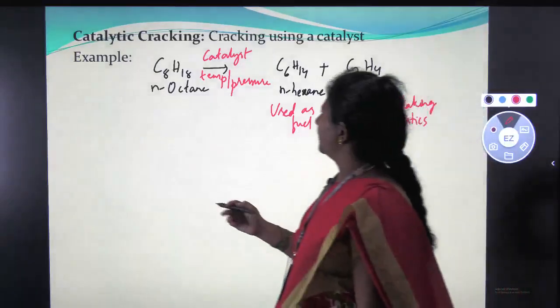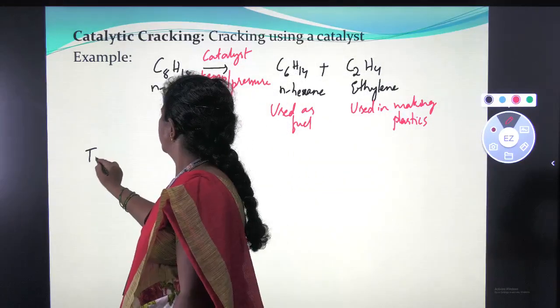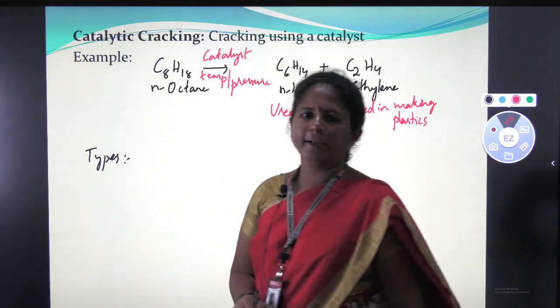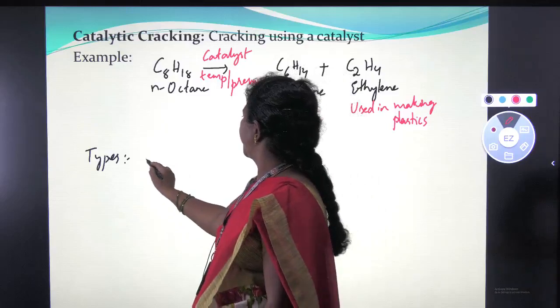So, coming to the types. Catalytic cracking is classified into two types.